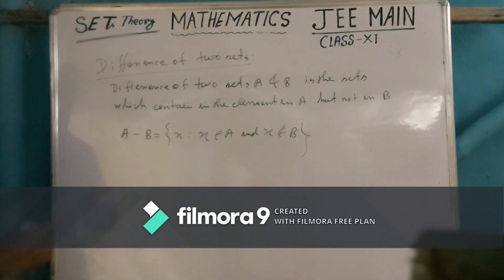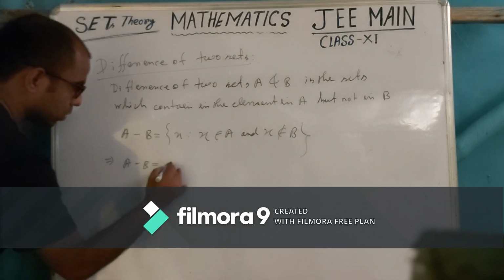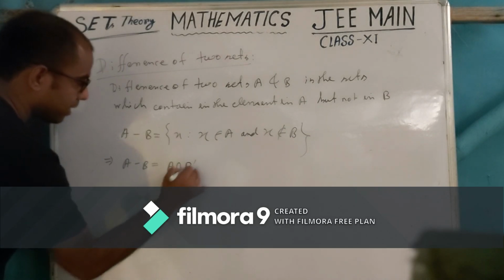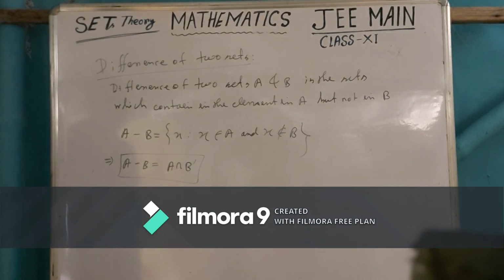Also we know A minus B equals A intersection B complement.